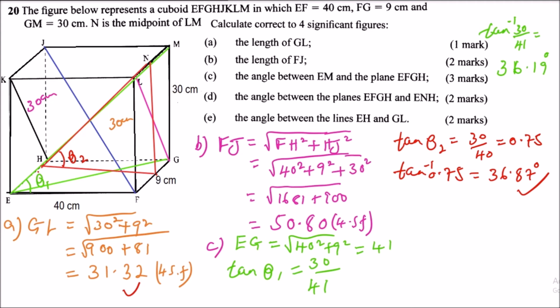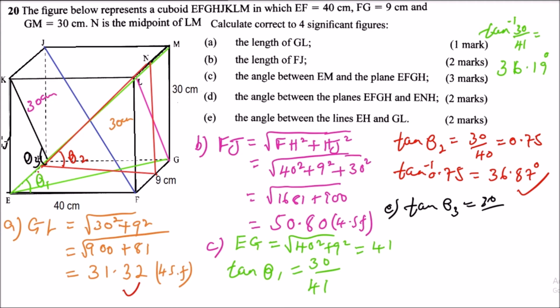So we can call this angle theta 3, and we are going to use now opposite is 30, that is EK. So this is part E. tan theta 3 is equals to opposite, that is 30, divided by the hypotenuse, which is 9.